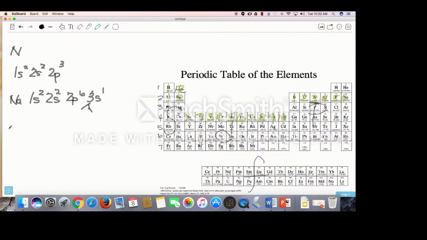Let's look at chlorine. So the highest principal quantum number we should write is 3 because chlorine is in the third period. So we have 1s2, here, that's our second energy level, S sublevel, and 2 electrons, 2s2. We come across to 2p right here, and that's 6, 1, 2, 3, 4, 5, 6.